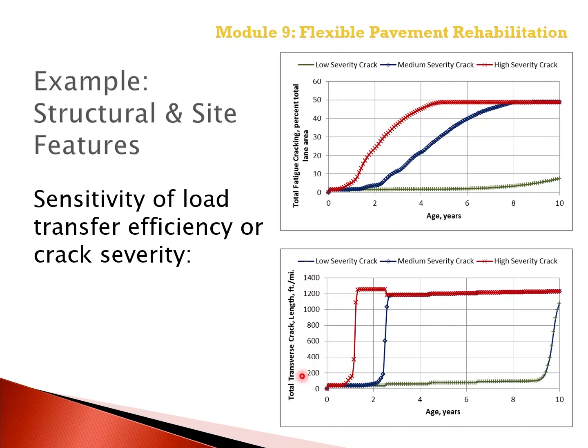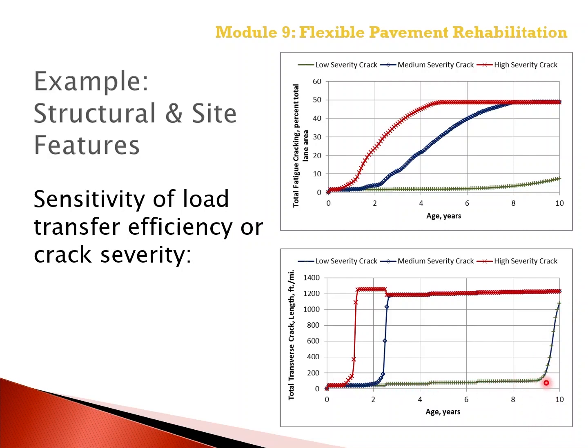Same types of information, total transverse crack as a function of age. So the red is low severity crack, the blue is medium severity crack, and the green is high severity crack, transverse cracks in the existing asphalt layer.